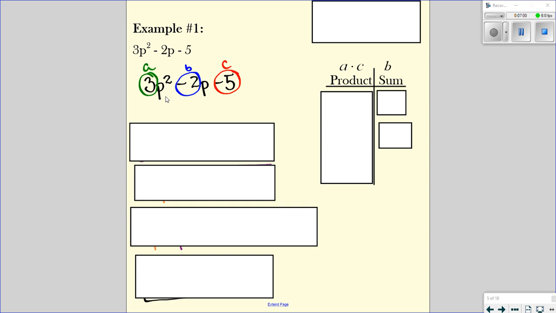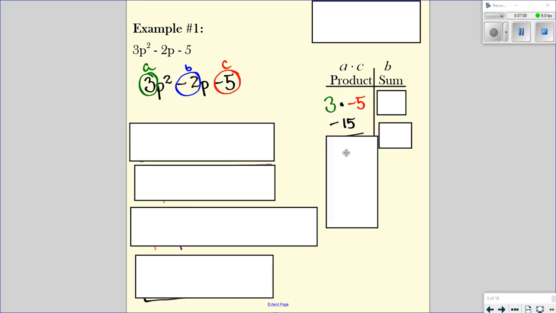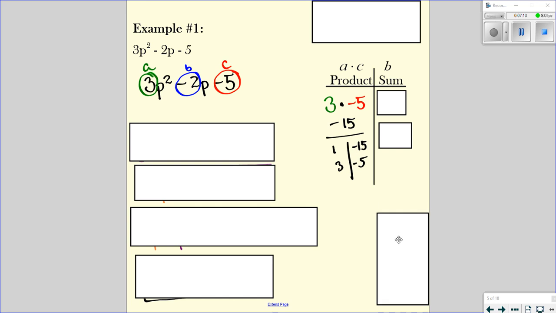All right, so now we have our label. We're going to multiply C and A, which will give us negative 15, and then we're going to find all the factors of negative 15. So notice that I have 1 and negative 15, 3 and negative 5. The reason I have the negatives with the bigger number for each set of factors is because my middle term has negative 2.